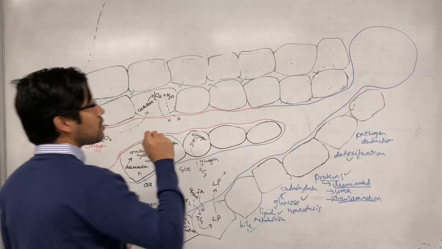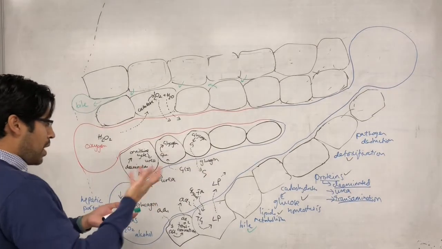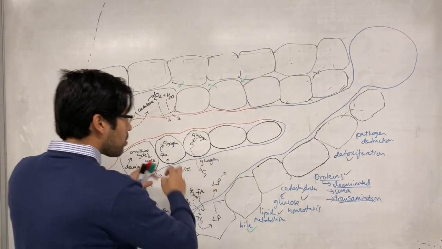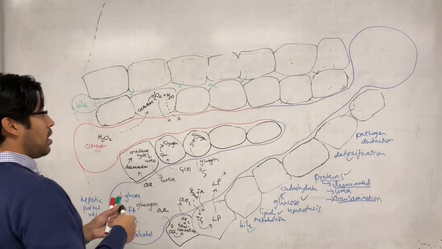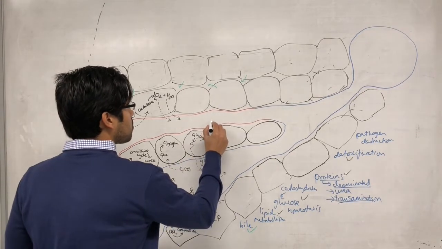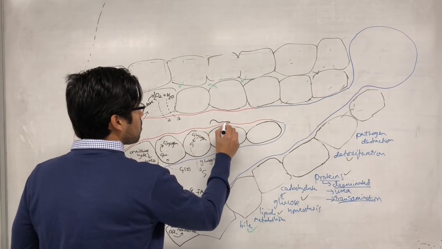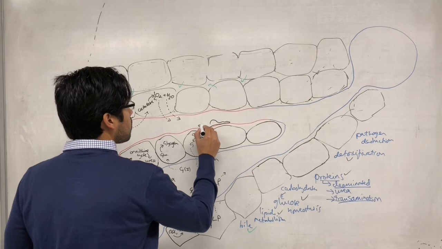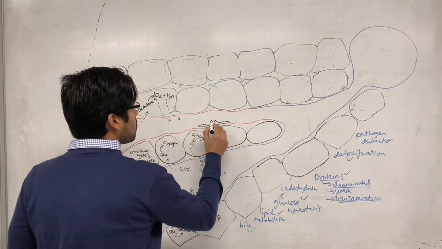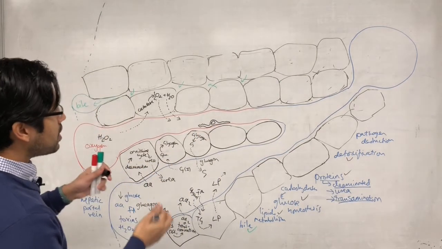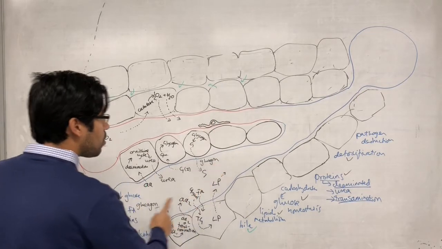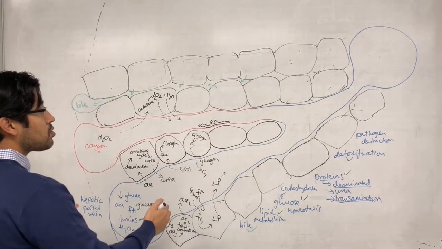Last one on our list is pathogen destruction. Kupffer cells are macrophages that patrol the sinusoids. Let's draw one here, crawling along. These Kupffer cells are macrophages that patrol these sinusoids.